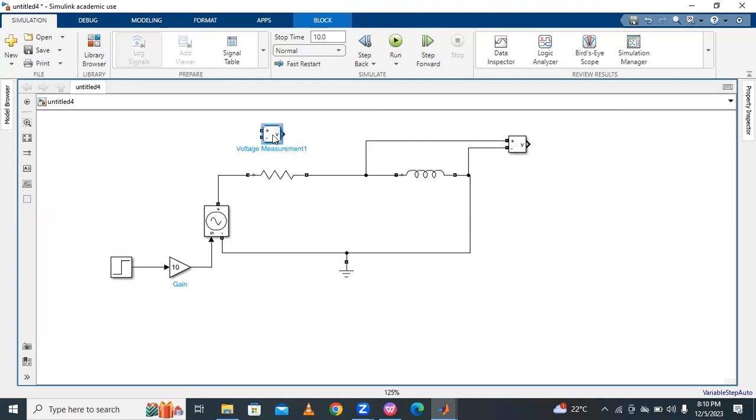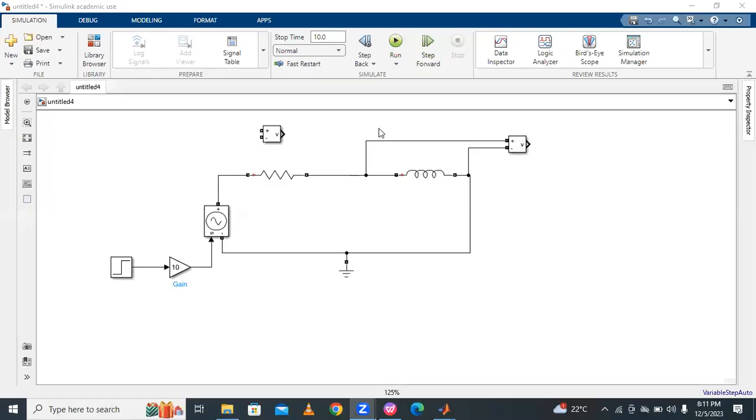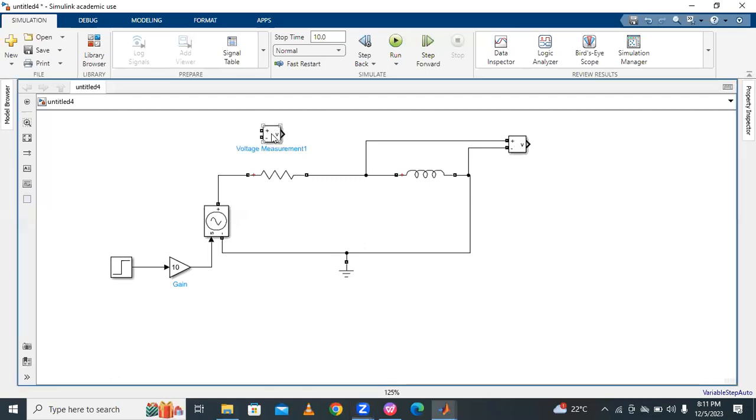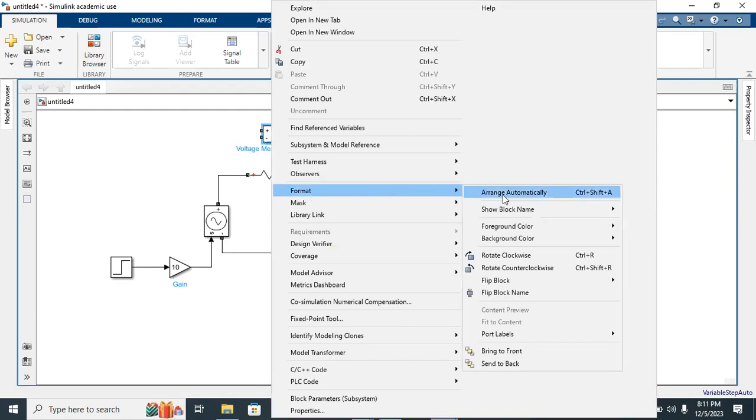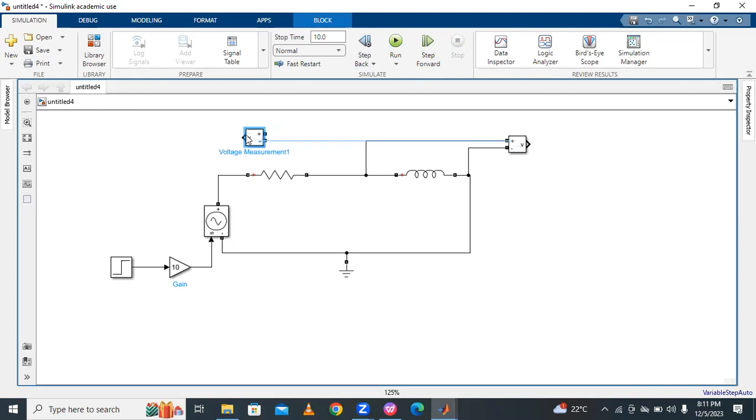And right click this voltage measurement, press right click and format, press flip, and like this. Okay. And connect positive here, voltage across the resistor, and negative here.